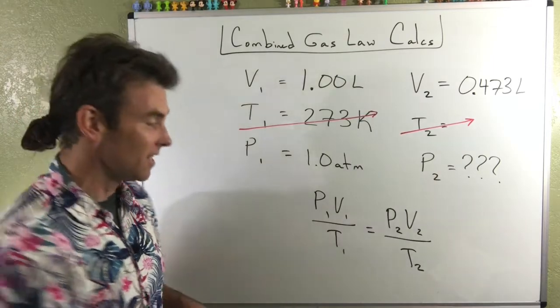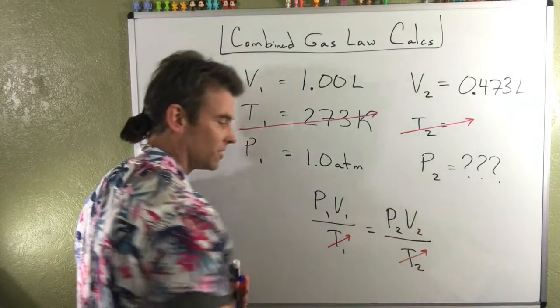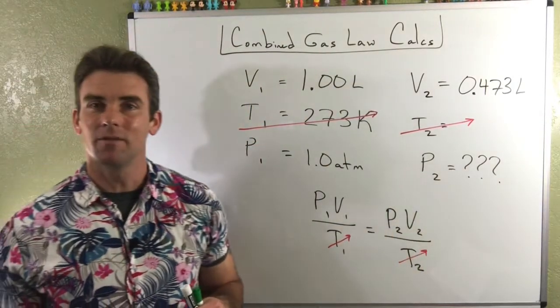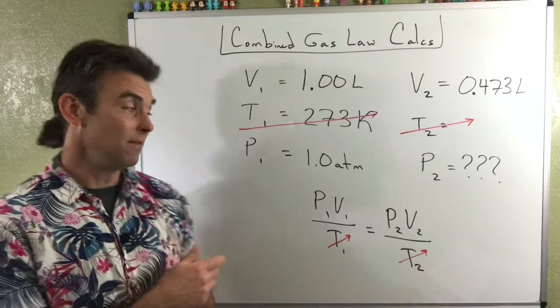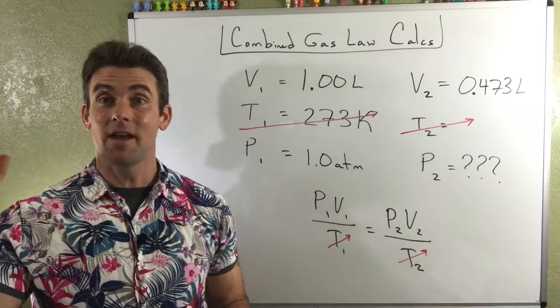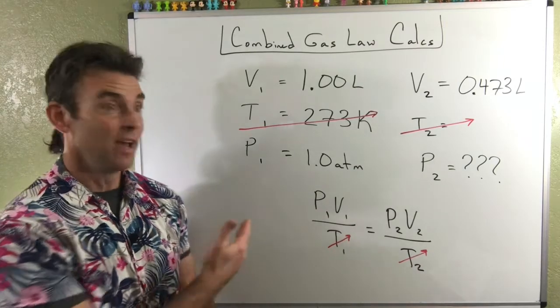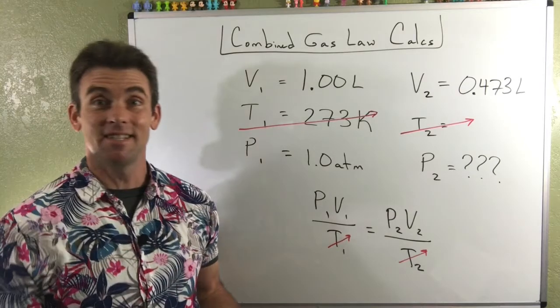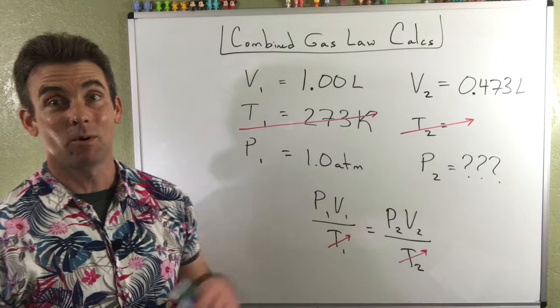If this is the same, we're just going to cross those out. We're just going to assume that they're one. That's the beauty of using the combined gas law: if you know what is held constant, you can just cross it off, and what you end up with is whatever dead white guy's law you happen to be talking about. Here it's Boyle's law. It could have just as easily been Gay-Lussac's or Charles's law if you watched that last video.